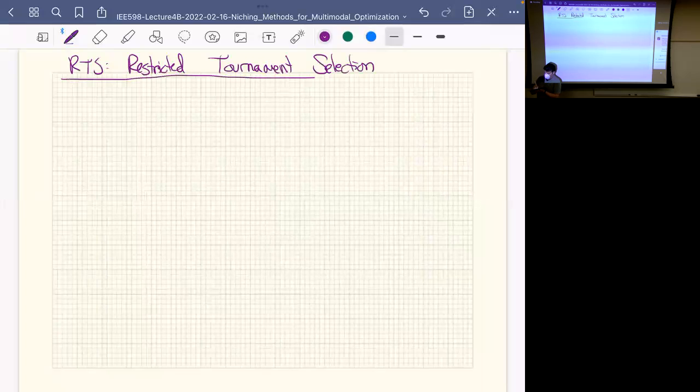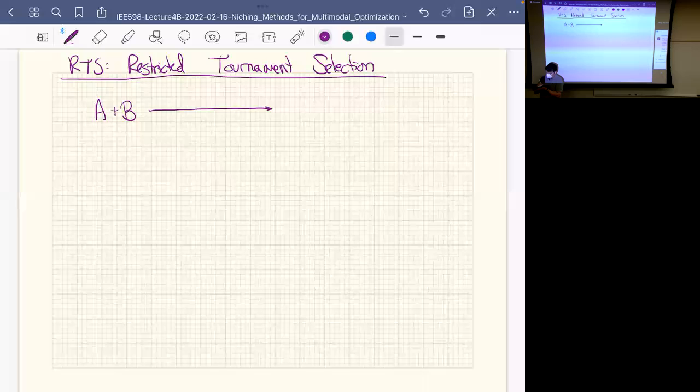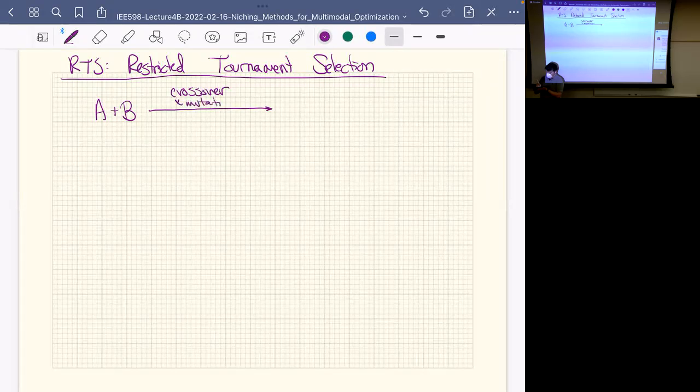In RTS, the idea here is that we have parents, A and B, and they end up producing offspring. So this is crossover and mutation, producing who we'll call A prime and B prime.